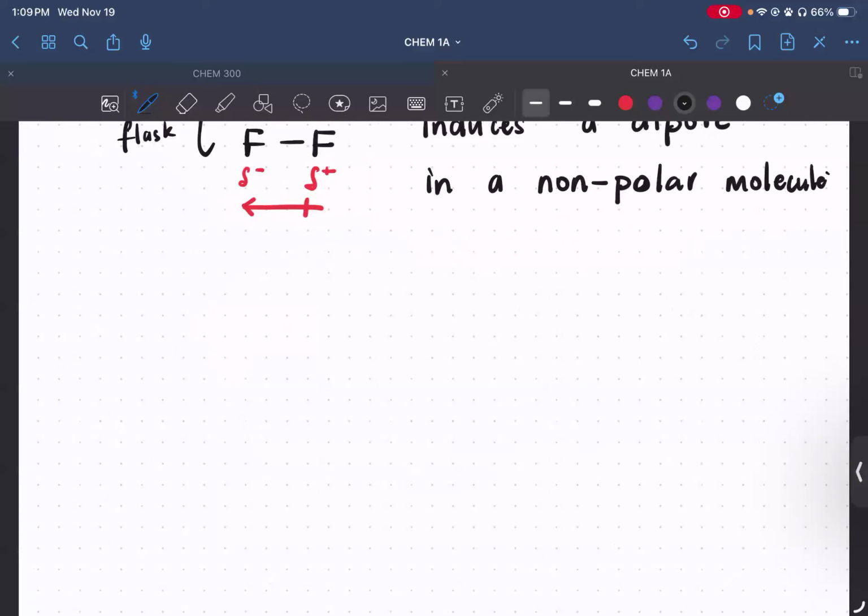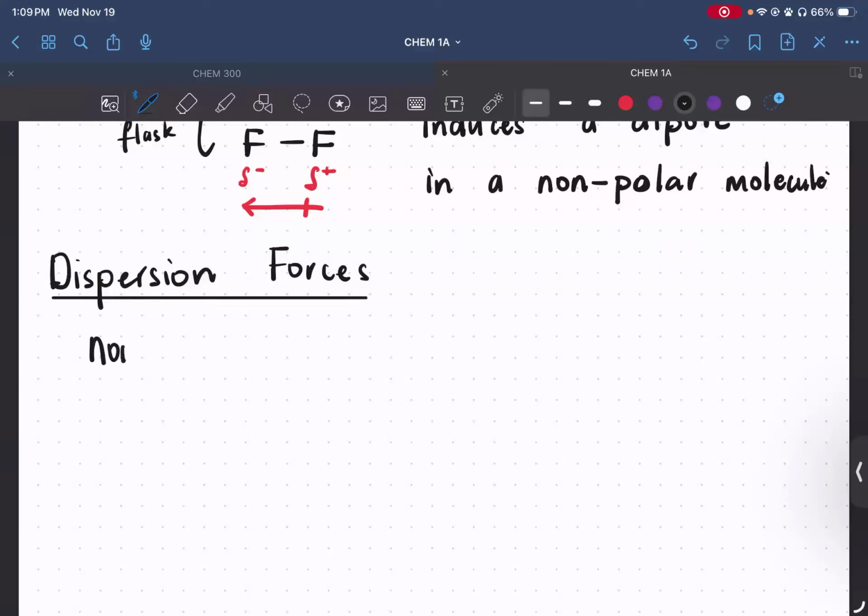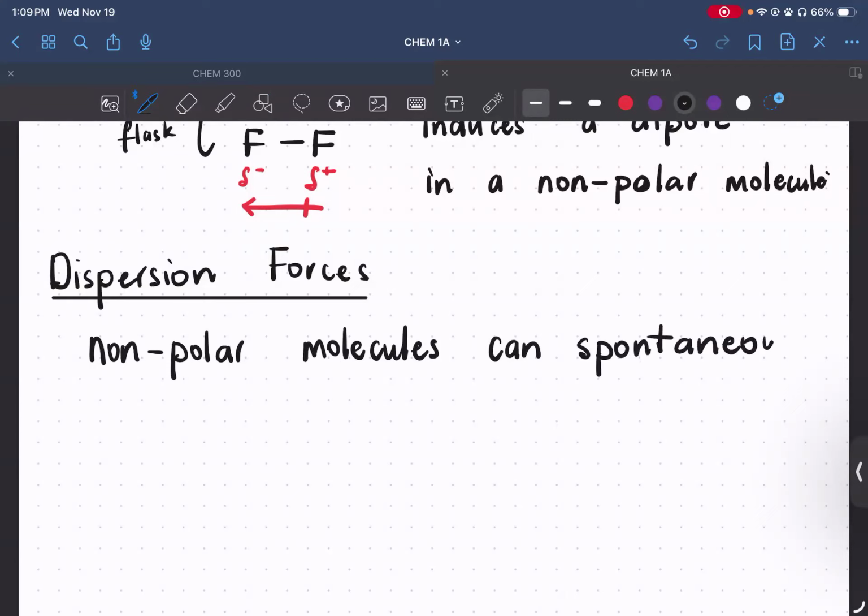Okay. The last thing we'll talk about under this topic is dispersion forces. Nonpolar molecules can spontaneously develop polar moments or develop polarity.